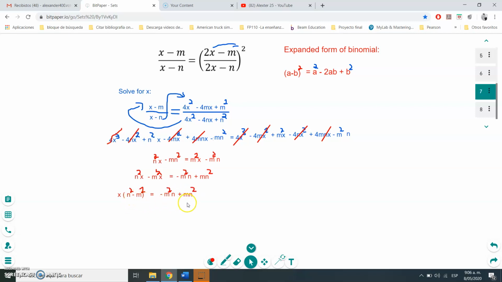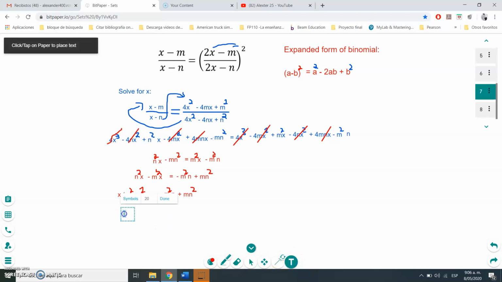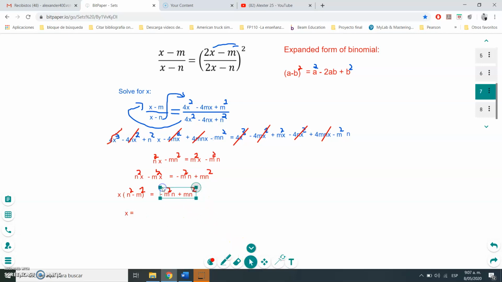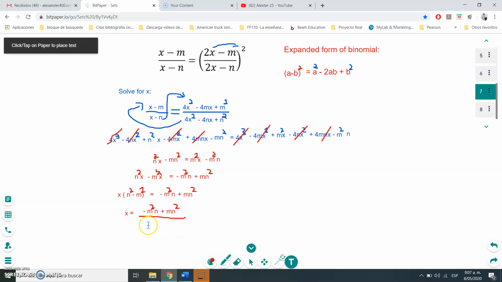This term comes to divide to the other side, so in this case we have x equals all of this divided by all of this term. Okay, so it will be over n² minus m².